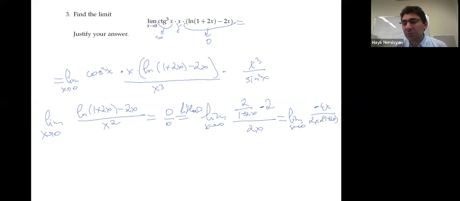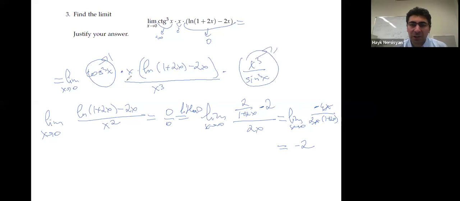So here, dropping x from numerator and denominator and plugging x equals 0, we will get this limit is minus 2. Going back, cosine squared goes to 1. This part goes to 1, and here x cancels with x cubed. We get the limit equals minus 2. So I think, yeah, we found it.